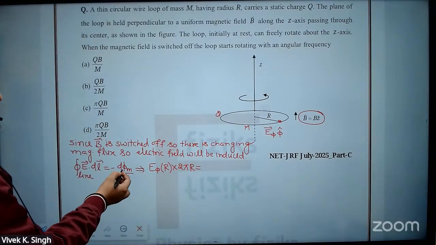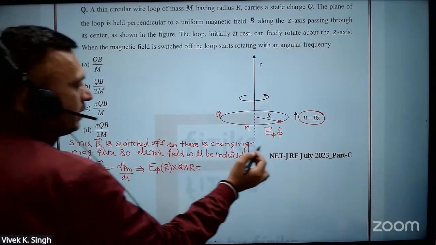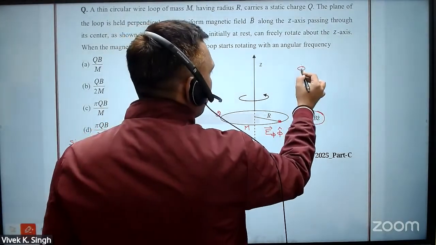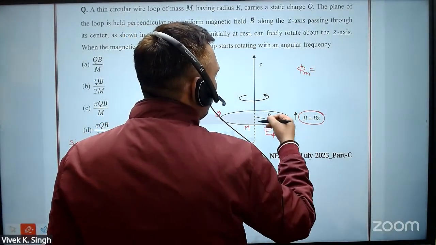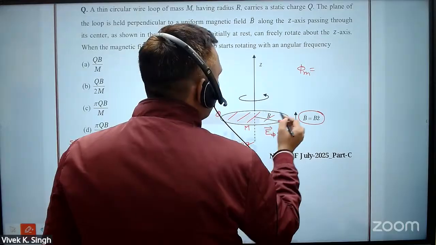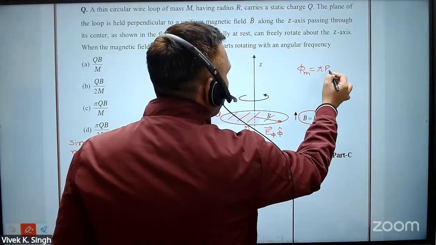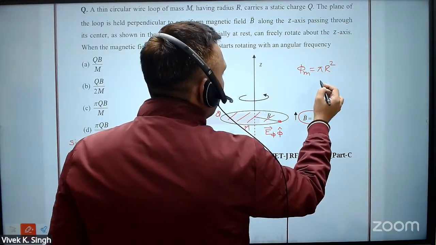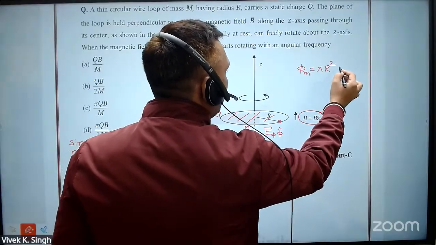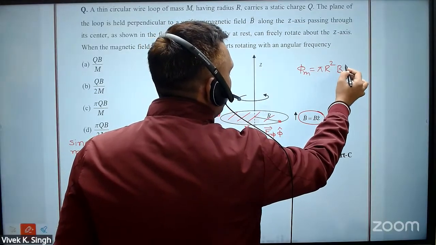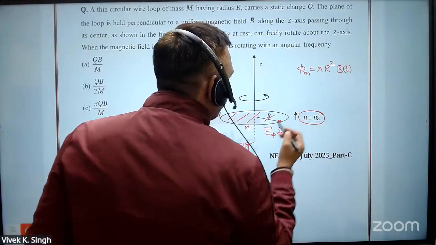And what is the magnetic flux here? The magnetic flux through this is pi r square times the magnetic field B, and B is a function of time here. So what you will get?